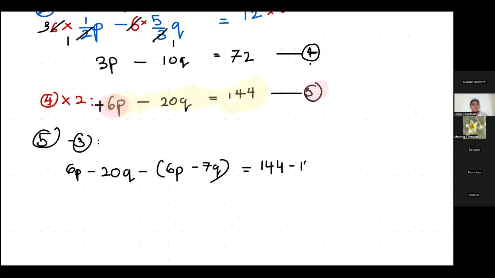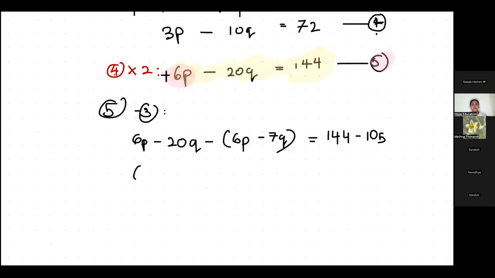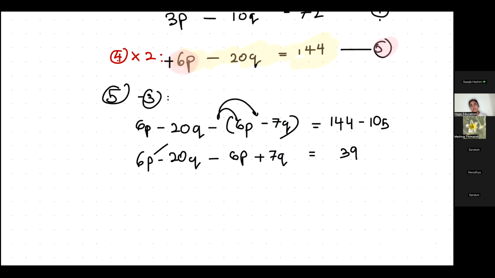So 6p minus 20q, minus times plus is minus. So minus 6p, minus times minus is plus. So plus 7q. We get 14 minus 5, that means 9. Then 14 minus 10 is 3, so we get 39. Right? Plus 6p minus 6p cancel.